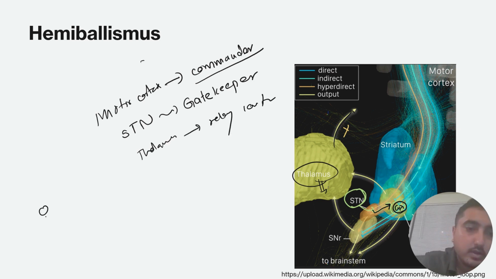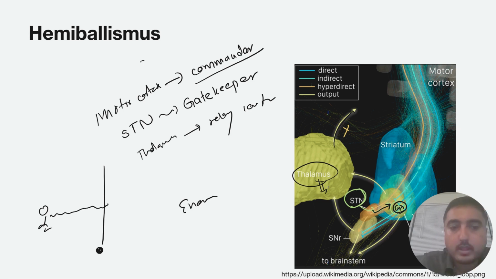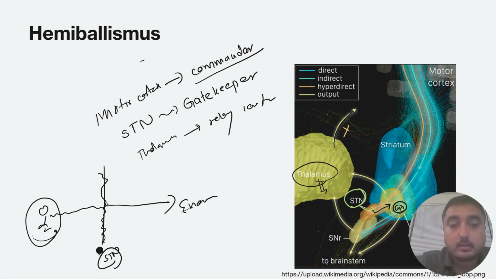So say the commander is over here, the enemies are on this side, and there is a gatekeeper over here. The commander says that I would like to go and attack the enemies. So it's his thought, right? But the gatekeeper realizes the situation and says that no, you cannot cross this gate and go outside. So this would be the subthalamic nuclei, and the thalamus is this road to attacking the enemies.